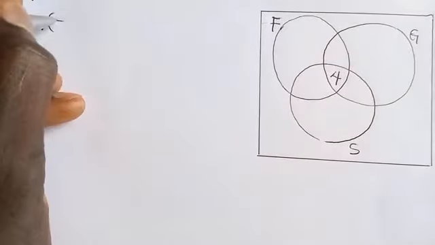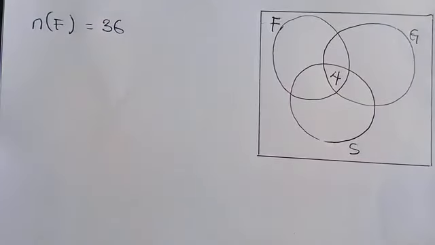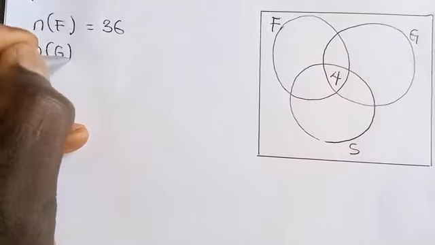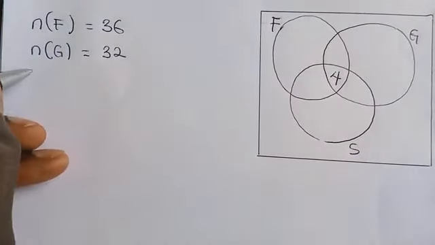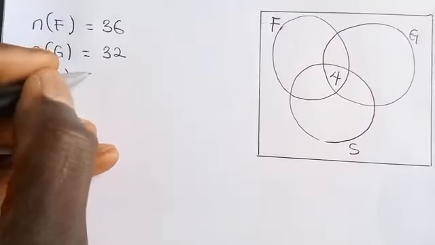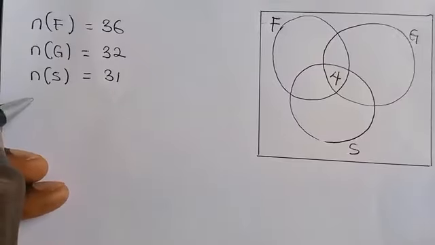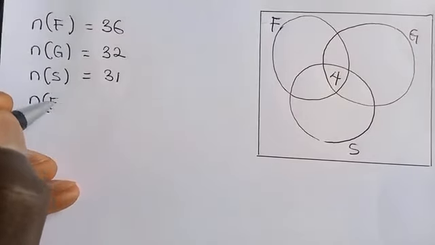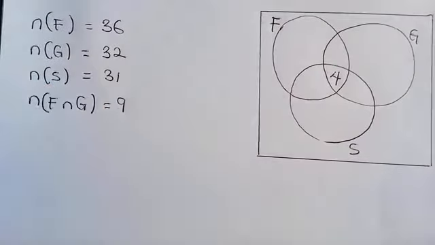The number of French is equal to 36, we're told from the question. Also, the number of those that offer German, we are told 32. Also, the number of boys that offered Spanish, we have 31. And 9 boys offered French and German. So F intersection G is equal to 9.